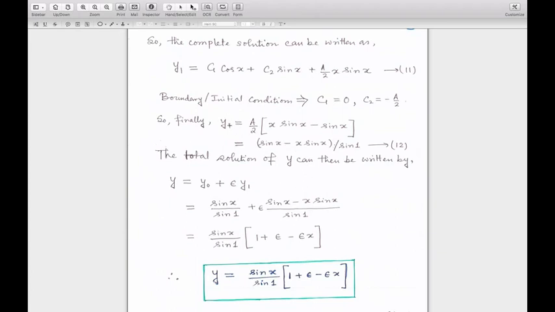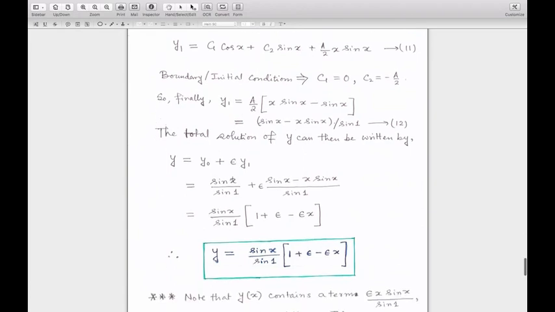In this way, by knowing y0 and y1, you can also try to solve for y2. Good luck with that, but only with y1 you can have some good news. You can write the total solution, which is much more realistic than y0. Now you will have a perturbative solution at least up to the first order of epsilon, which is not bad.